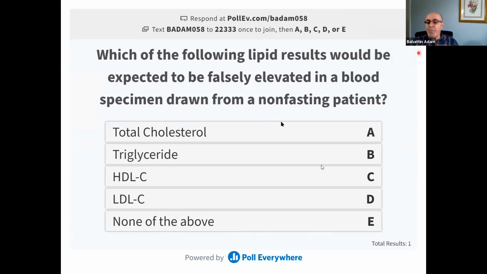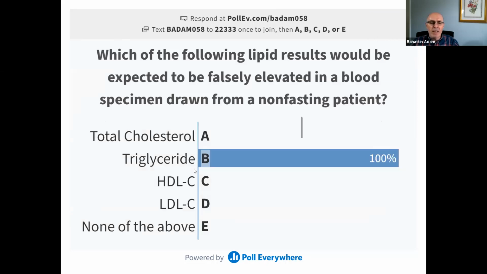This is really important information to know as a physician, as a healthcare provider, in order to reduce laboratory pre-analytical errors. Triglycerides are affected by diet, the others are not.